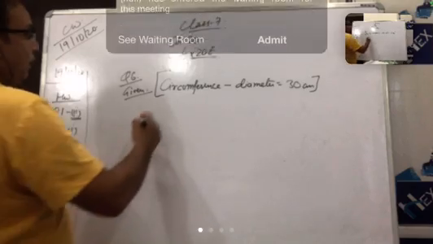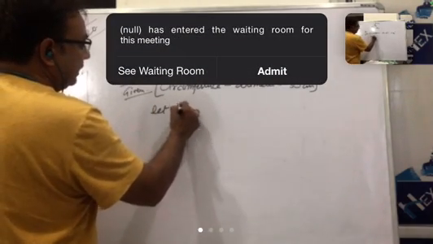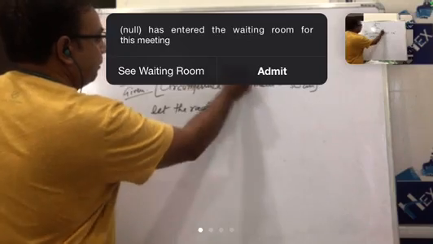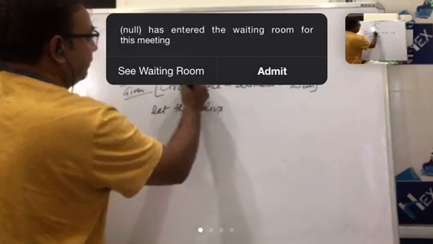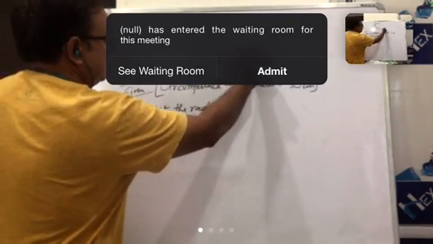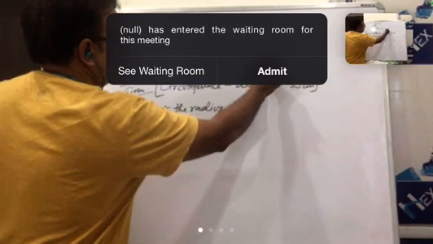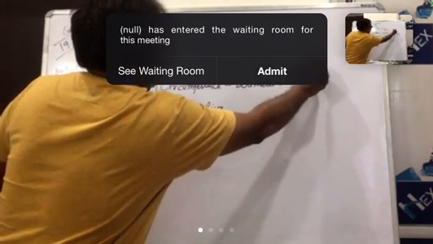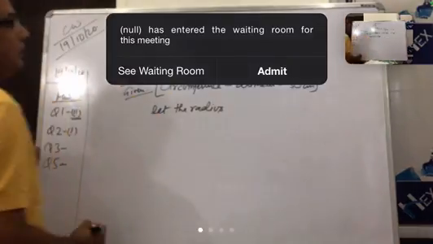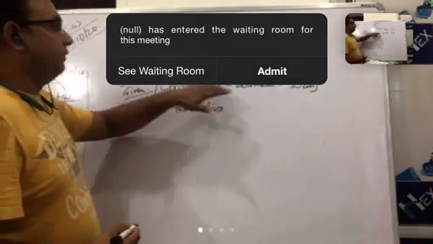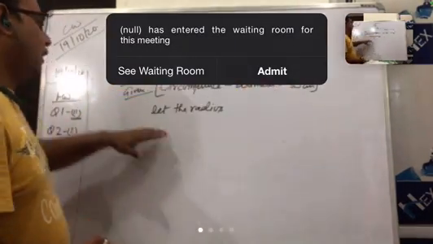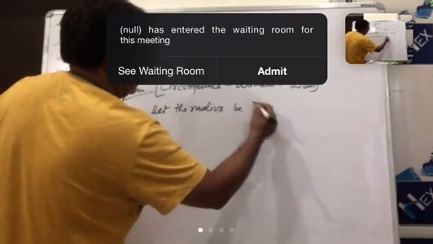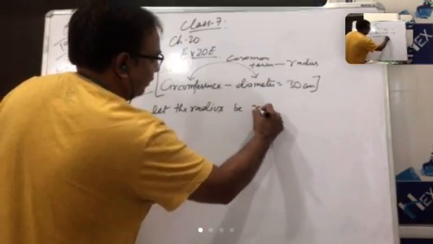So let the radius. What is the common term in the circumference and diameter? Common term is the radius. Everyone write like this only. The common term between circumference and diameter is the radius. So let the radius be x centimeter, anything you can write.